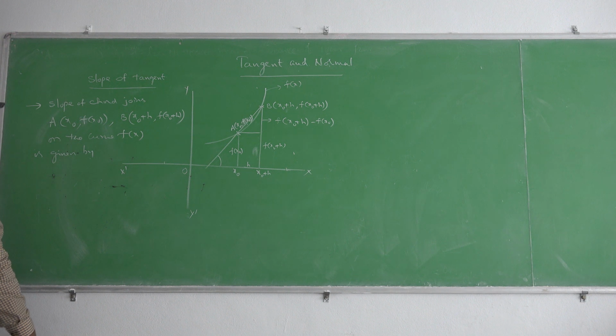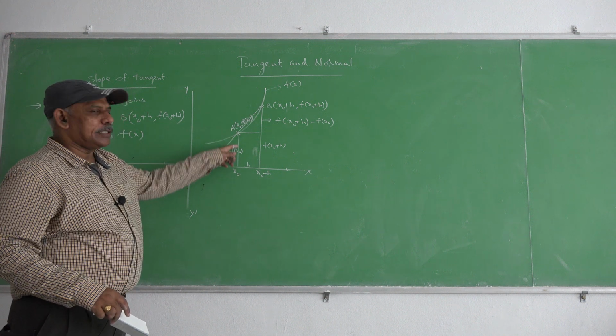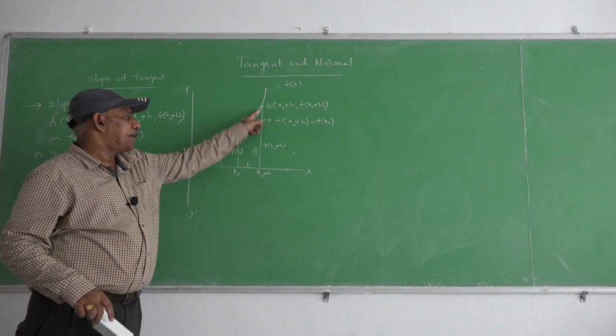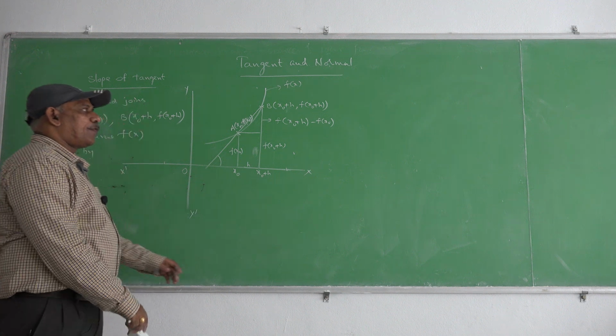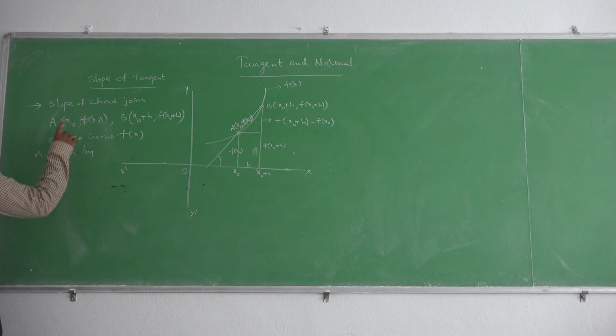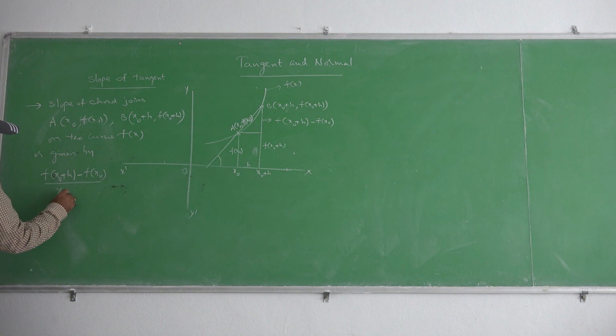A is x naught, f of x naught: this distance is x naught and this one is f of x naught. B is x naught plus h, and this total distance is f of x naught plus h. f(x) is the given curve. So the slope of the chord joining these 2 points on the curve y equal to f(x) is given by f of x naught plus h minus f of x naught, by x naught plus h minus x naught.